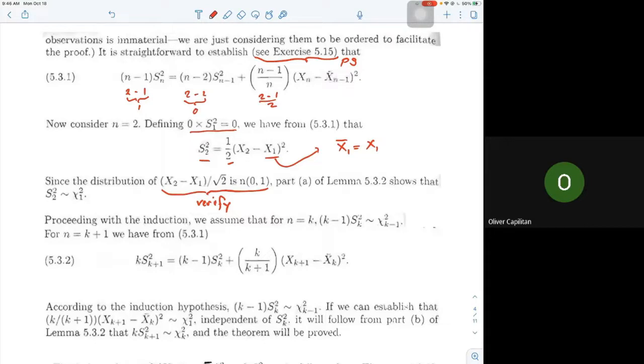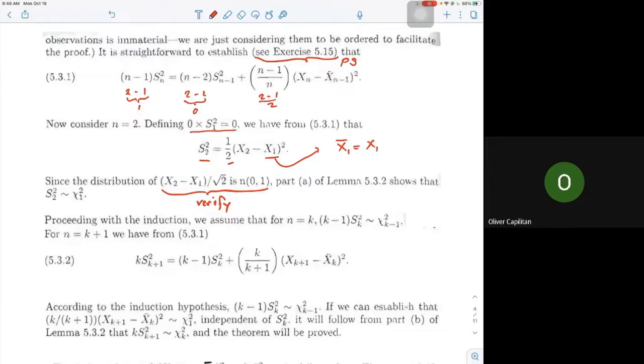We have the original random variables, say x sub 1 and x sub 2, and then we have the transformation of these random variables, one of which is x sub 2 minus x sub 1 divided by square root of 2. So it's easy to verify that this has a standard normal distribution.